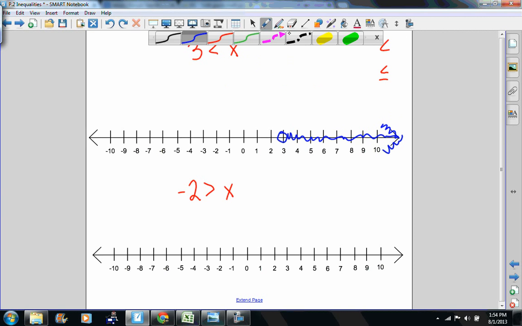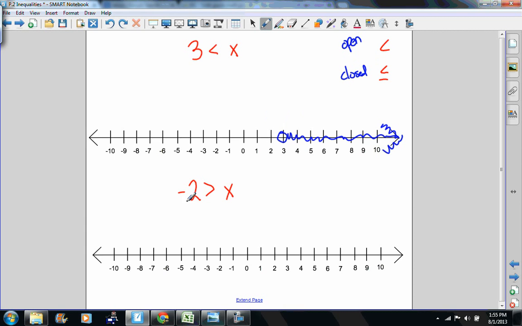Now, one last thing right here. If you have this little line underneath, that means greater than or equal to, and if you have no line underneath, that means only greater than. So this one is an open circle, and this is a closed circle. Since we don't have the line underneath, it is an open circle when we're shading.